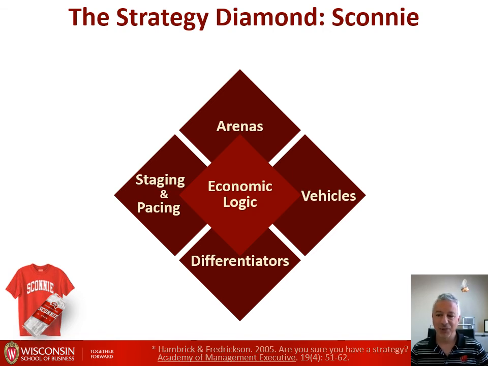But you can see it begins with what is the differentiator, and that determines all the other components of the strategy. But until we have expressed all of the components of the strategy, we actually have not articulated the strategy itself. And that is the beauty of the strategy diamond. It helps us to ask the right questions and articulate the strategy more fully.